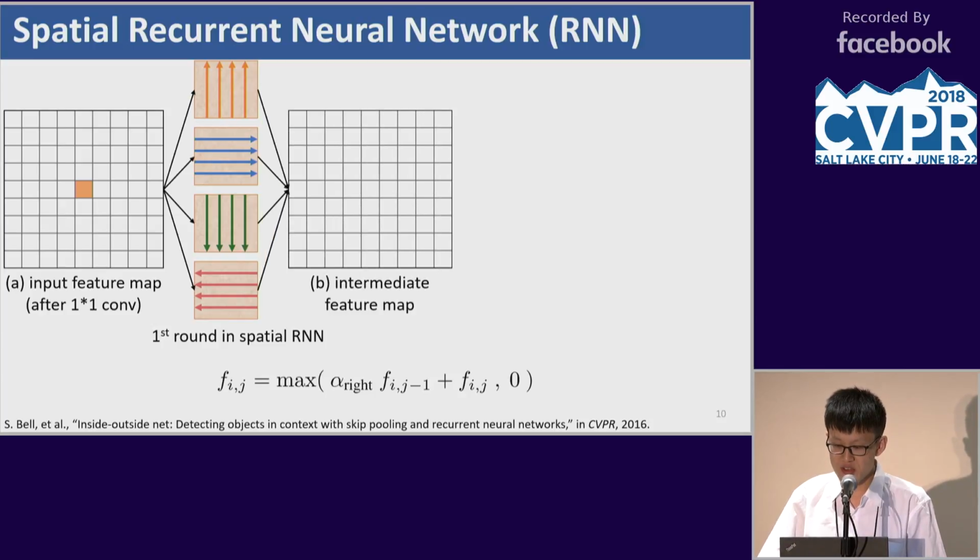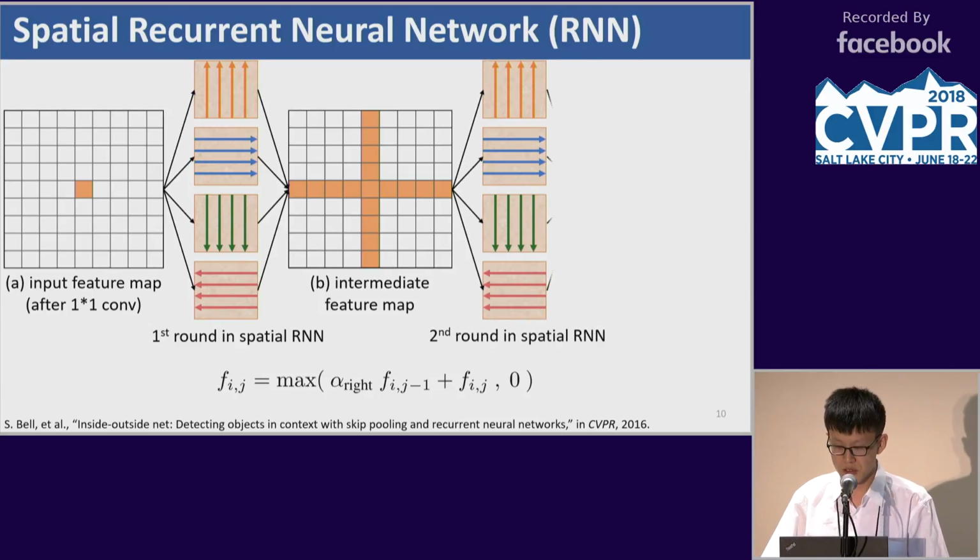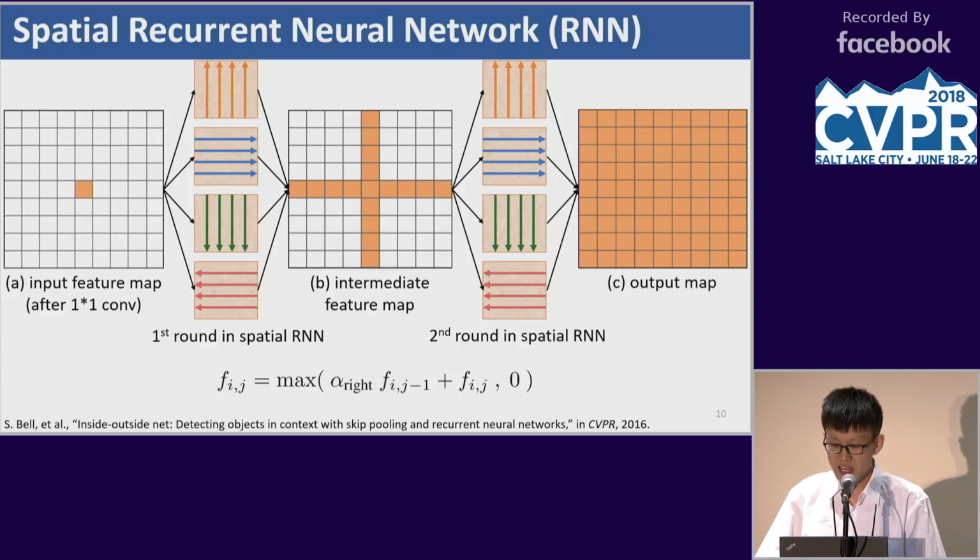By fusing the results from the 4 directions, each pixel knows the spatial context along the 4 directions. By having 2 rounds of data translations, each pixel can get the global spatial context for learning features.